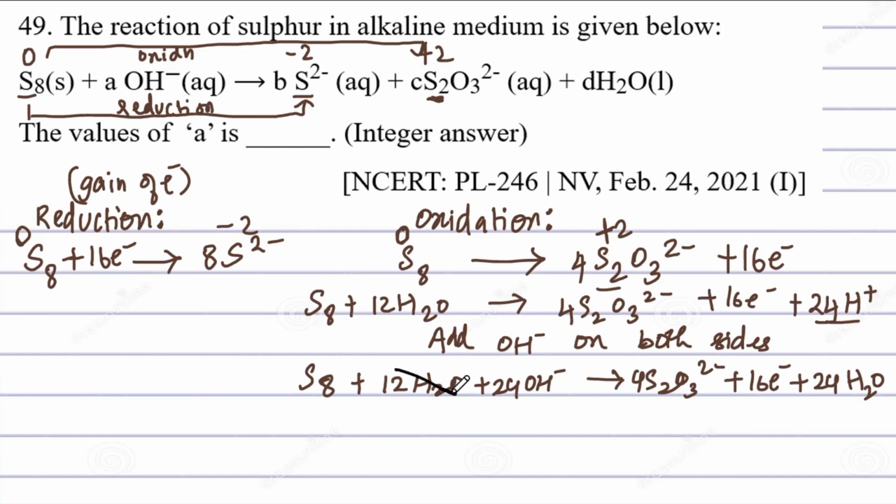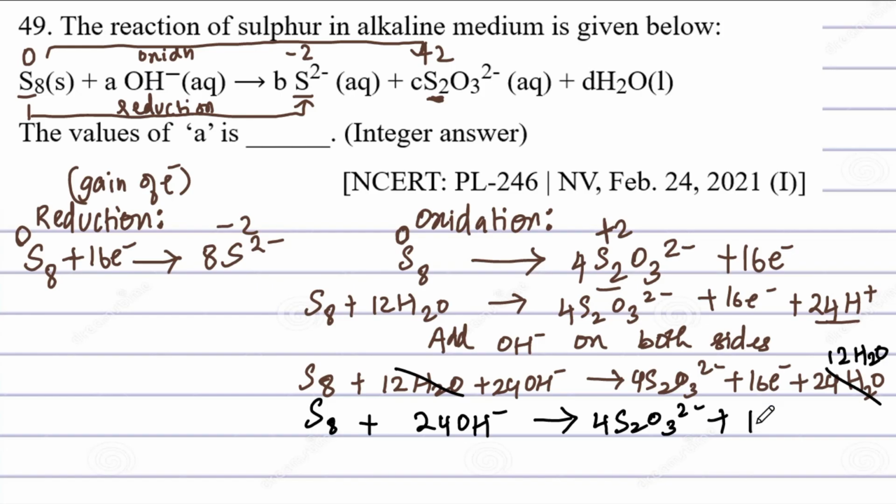Now we can cancel 12 H2O from 24 H2O. So in the product you will get the remaining 12 H2O. So the final oxidation reaction is S8 plus 24 OH minus gives 4 S2O3 2 minus plus 12 H2O plus 16 electrons.